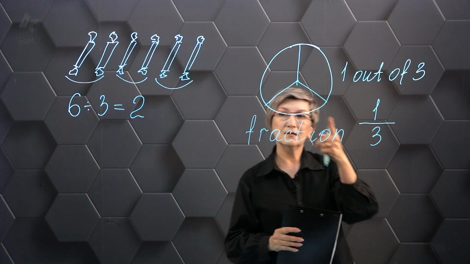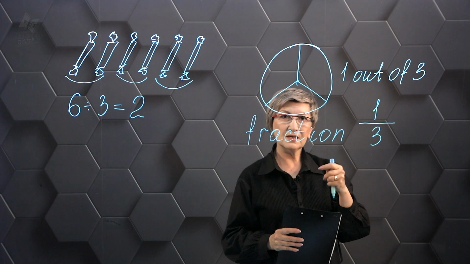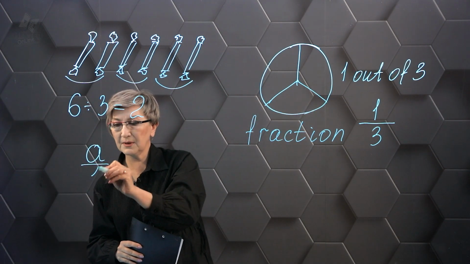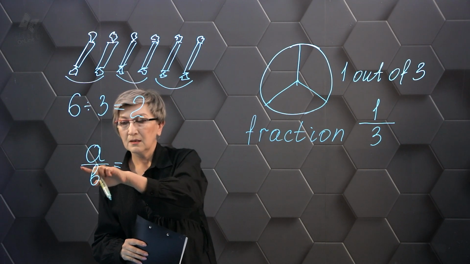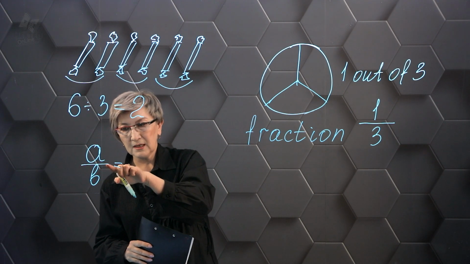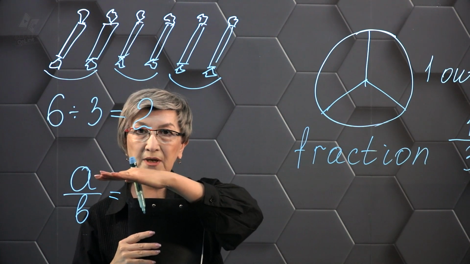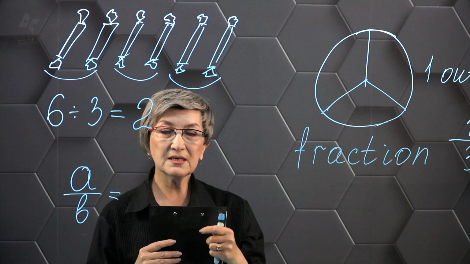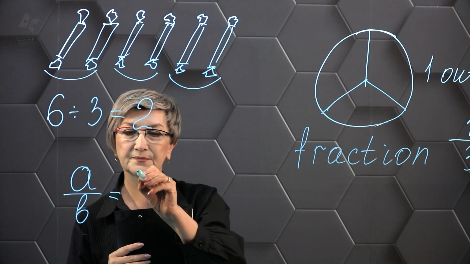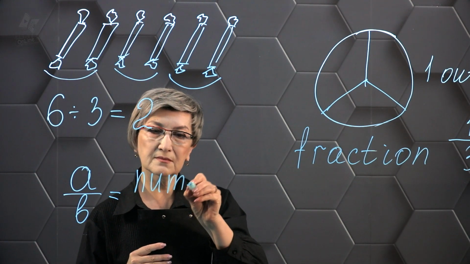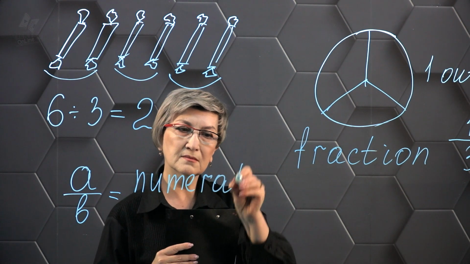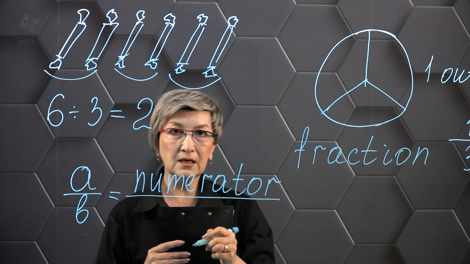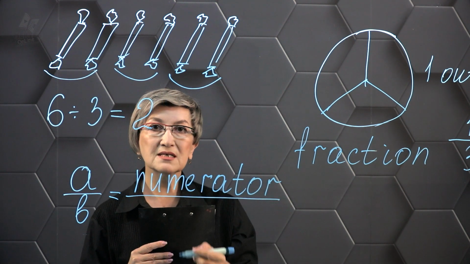In math, fractional numbers are written as a divided by b. This is the fractional line, so above the fractional line, we write a number which in math is called the numerator, and underneath the fractional line is called the denominator.